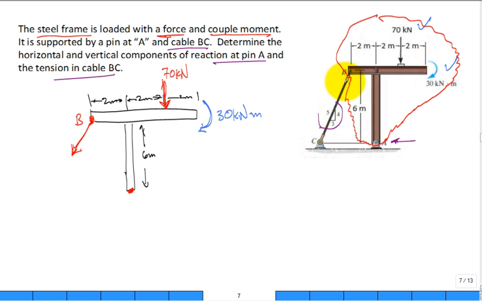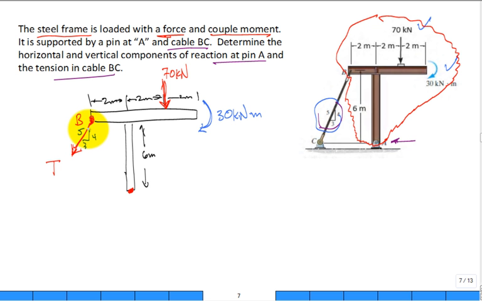Right? So I'm cutting right at B. And when I'm cutting right at B, I have a force that is the tension in the cable pulling away from B on my object, and it has this orientation provided, which is a 3, 4, 5 similar triangle.